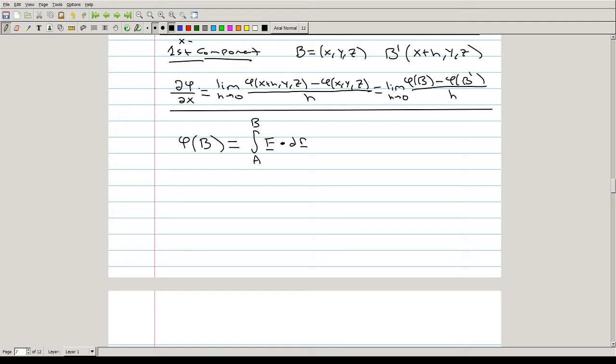We then have the definition of the partial derivative, partial phi partial x, which gives us the following.